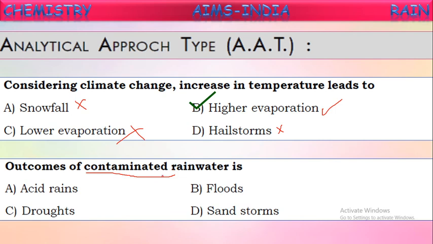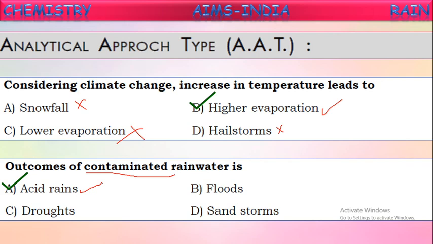So one of the outcomes of contaminated rainwater is acid rain. Acid rain is nothing but when rainwater mixes with some acidic gases like carbon dioxide, sulfur dioxide, nitrogen dioxide. If these gases are present in the atmosphere, when rain comes, these gases dissolve into rainwater and form certain acids. These acids will come down along with the rain. That rain we call acid rain.